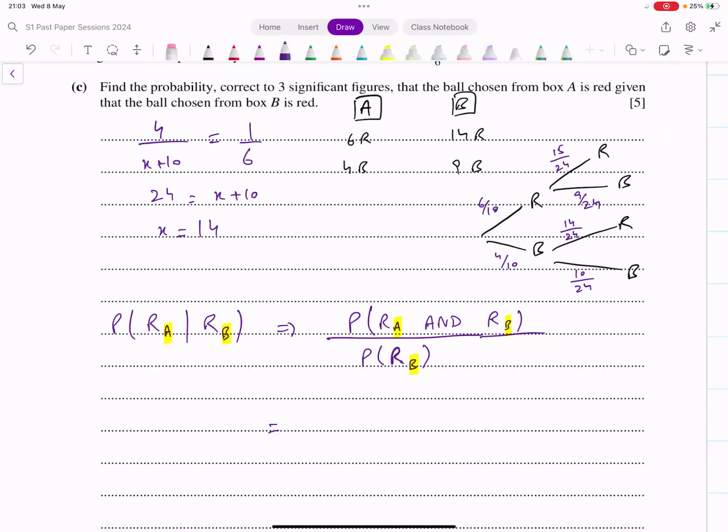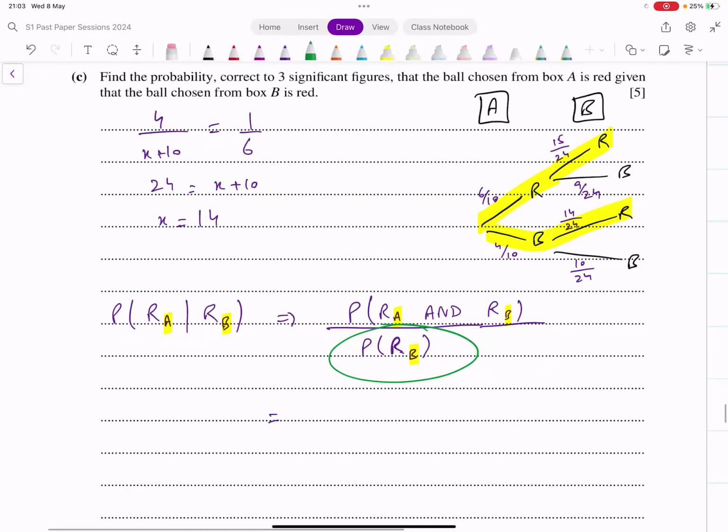What's the probability that you get a red ball from box B? This was the first box. This is box A and this is box B. Red ball from box B. That's this case or this case. What are the probabilities for them? Red, red or blue, red?